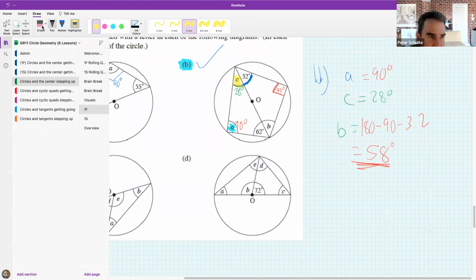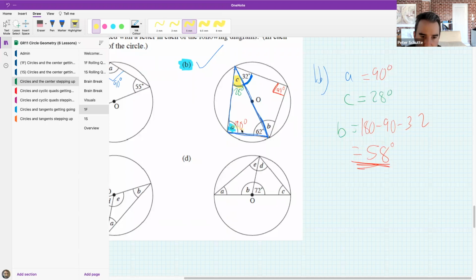Okay, if you look at this, let me use blue. Look at this triangle that I'm going to trace out right now. We know that all triangles add up to 180. So we've got that in our back pocket. Now, this triangle happens to have as one of its sides the diameter.